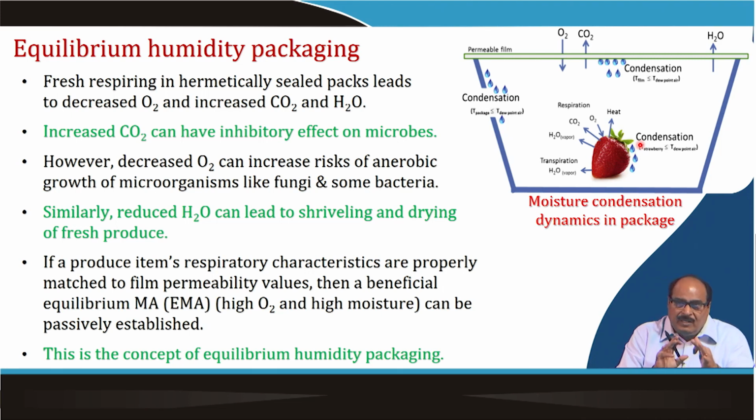That is, the humidity inside the packaging environment, the head space, and outside the packaging environment, in the room where the pack is maintained, is balanced or equilibrated. Otherwise, if there is a imbalance, then the moisture, the outgoing water vapor, will condense, and it will act as a vector for microbial growth.